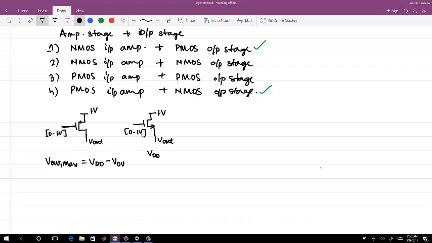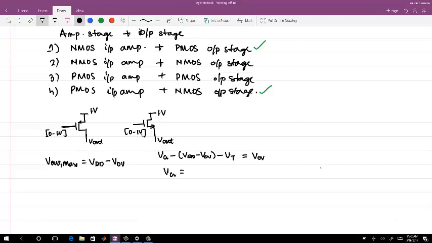VGS minus VT should be equal to V overdrive, right?